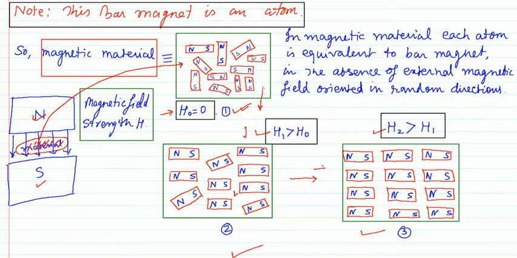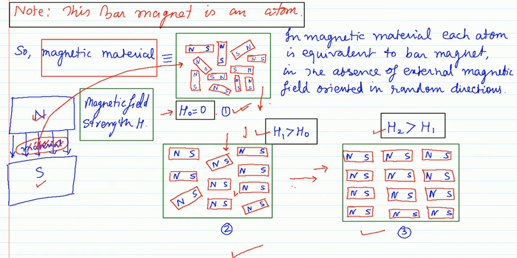Magnetization is basically this: when you place a magnetic material into an external magnetic field, these magnetic dipoles try to align in the direction of the magnetic field. Here in the first picture you can see that the magnetic dipoles are oriented in different directions. Now you apply the magnetic field. As a result, you can see that the magnetic dipoles start to align in a particular direction.